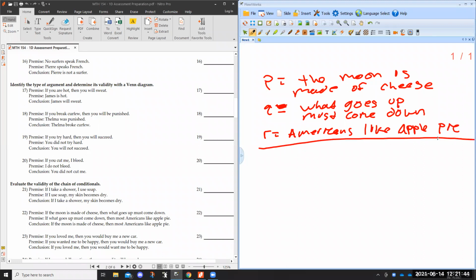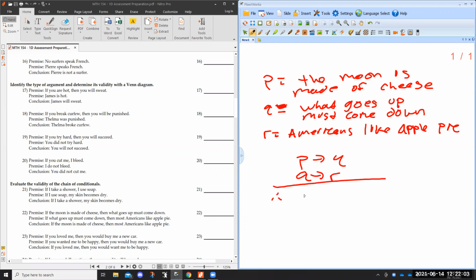Conclusion is going to be, therefore, hang on, I haven't written the argument out here. P implies Q. Q implies R. Therefore, P implies R. For the same reason as before, this would be valid.